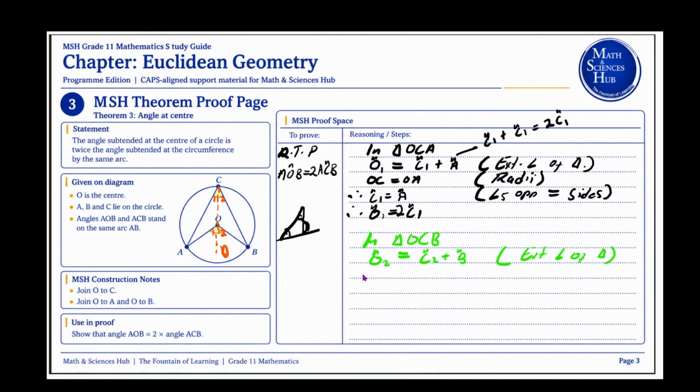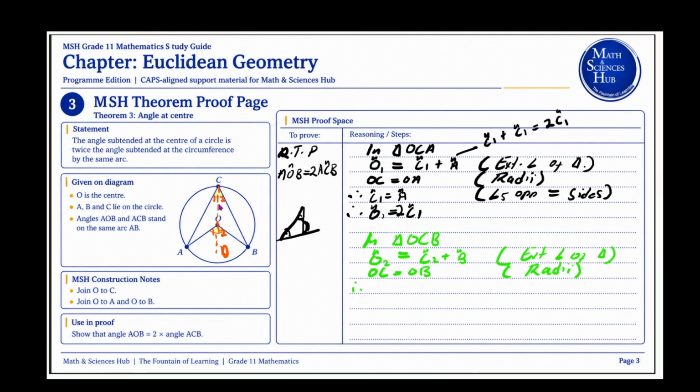And then OC equals OB, which are equal radii. Both are radii.